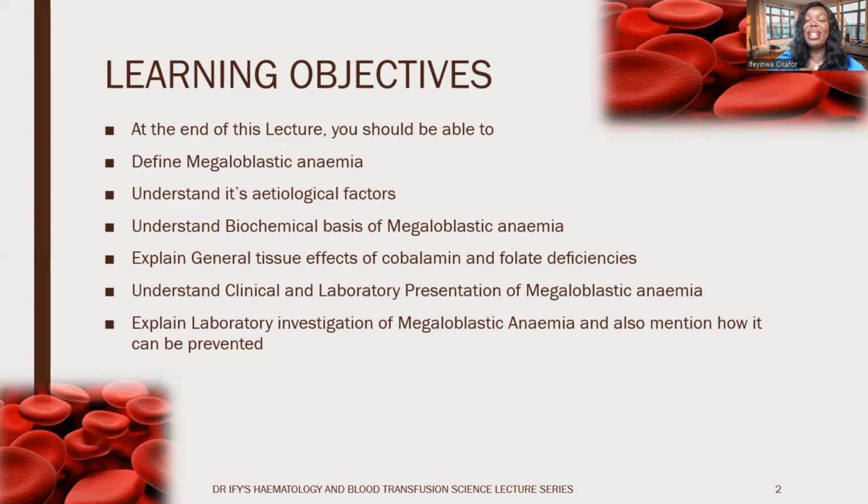You should have a good understanding of the clinical and laboratory presentation of megaloblastic anemia, and you should be able to explain laboratory diagnosis of megaloblastic anemia, and obviously how it can be prevented.